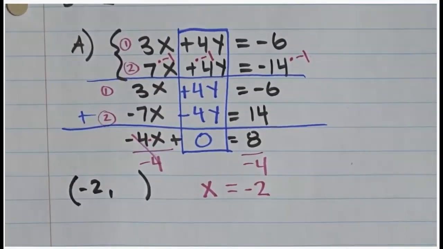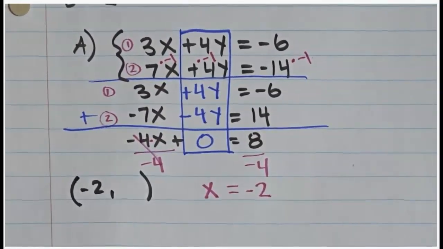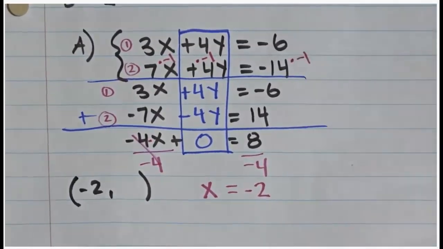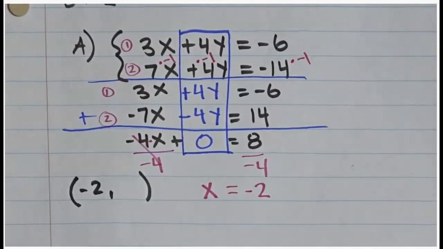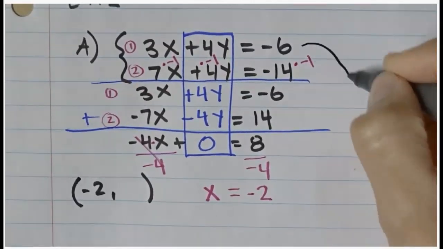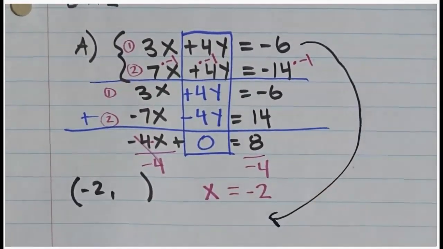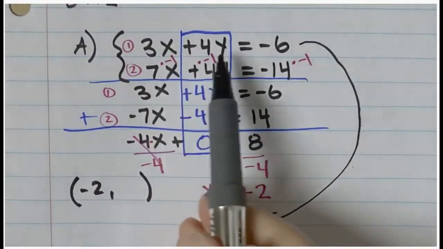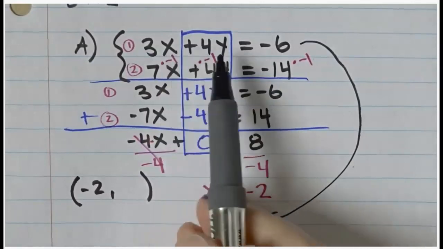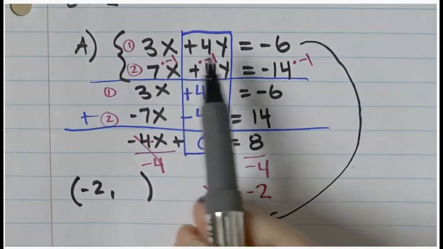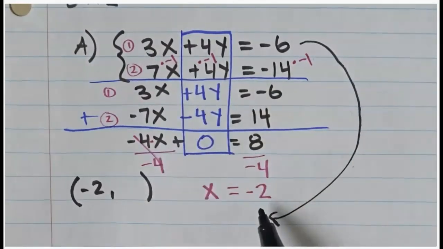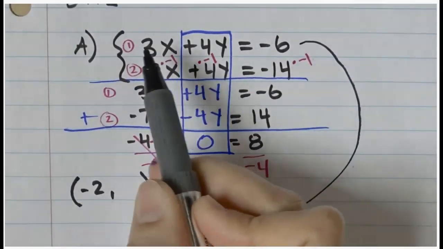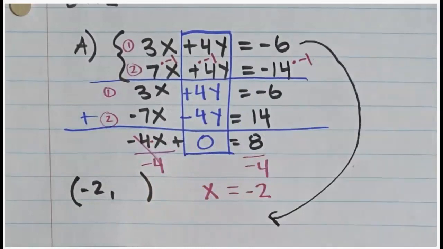And now I need to find my y coordinate. Now I have 4 equations now. 2 here and 2 here. Doesn't matter which ones I choose. I'll just go ahead and go with the first one. Use that one. Initially I couldn't solve it because I had x and y. And I needed to have only one variable in the equation, not 2. But now that I know x is negative 2, I'm going to replace that x with a number so that now I'll just have a y in there.